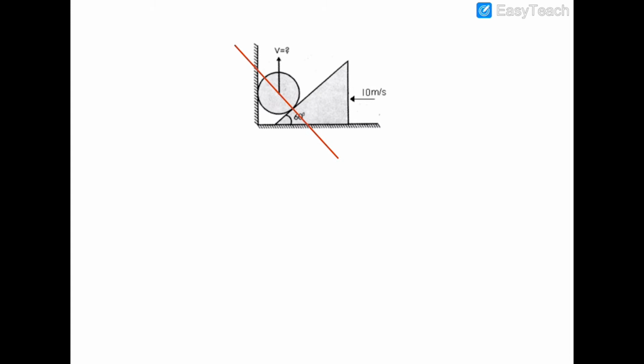Now the third step is to find the components of velocity of these 2 blocks on the normal and to equate them. So first of all, we are drawing the velocity vectors joining the normal and we are resolving these velocities along the normal.